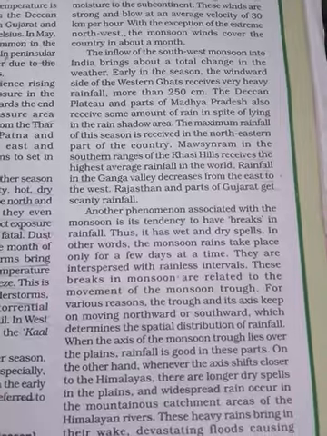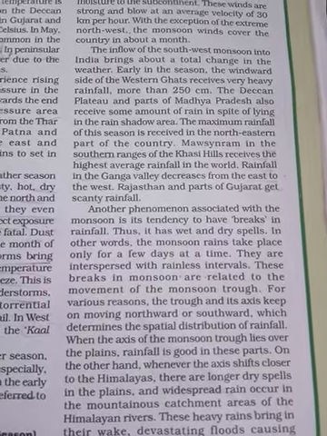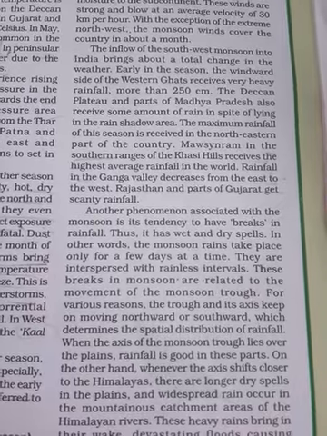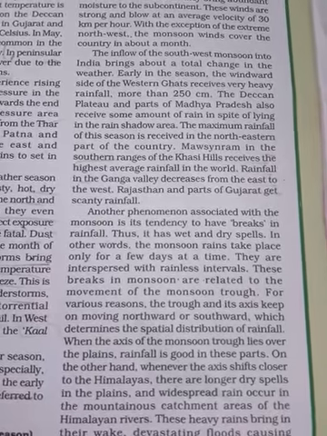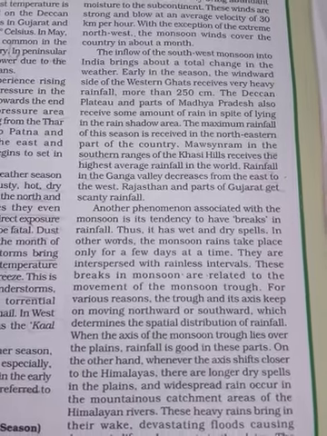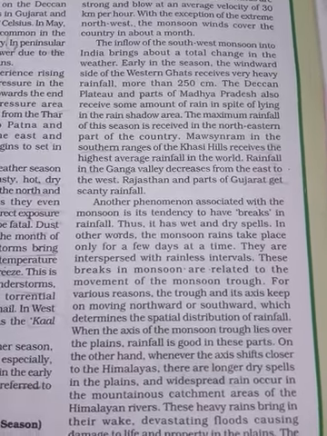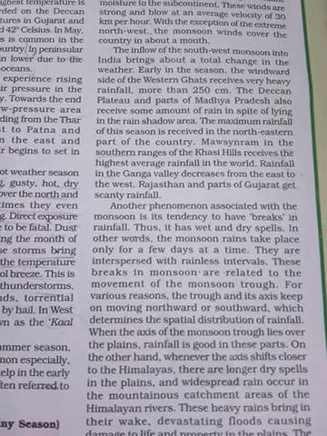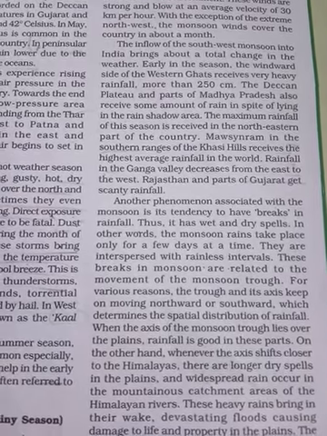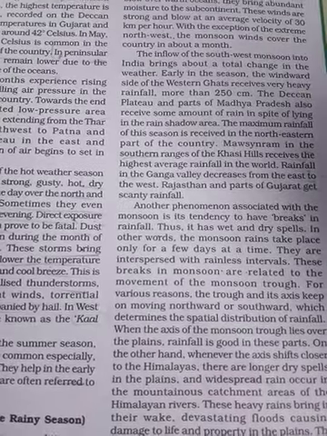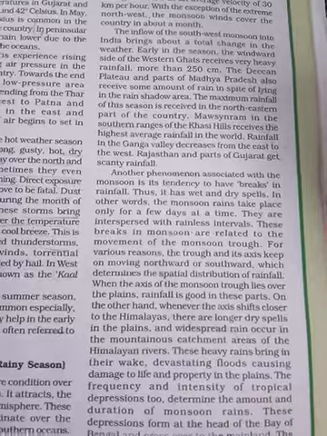The maximum rainfall is received in northeast India, in Mawsynram and the Khasi Hills and Cherrapunji. When the wind strikes the Himalayan mountains and moves towards the Ganga plain, the amount of rainfall starts decreasing.